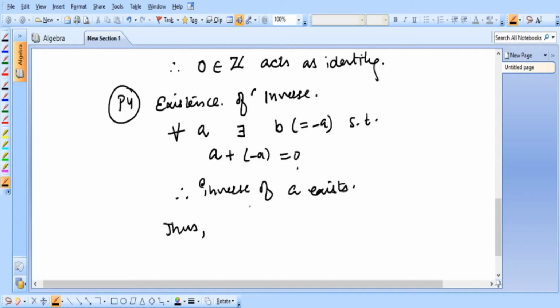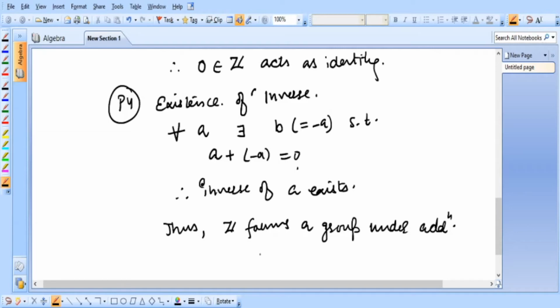Thus we can say, thus Z forms a group under addition, right? So this is how to solve the problem when you want to prove that the set is a group.